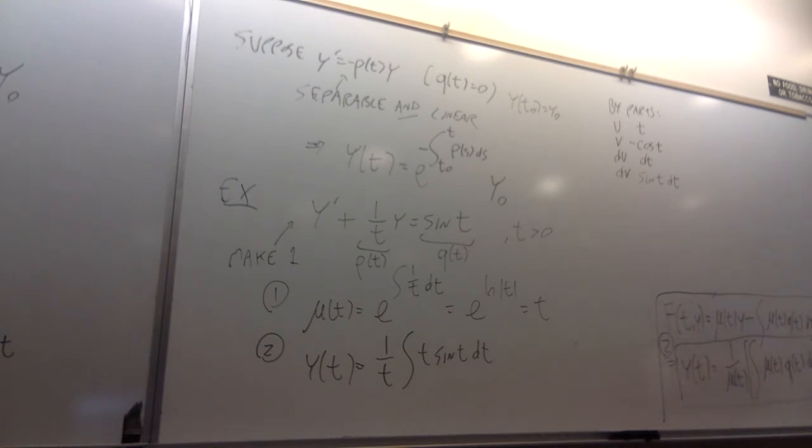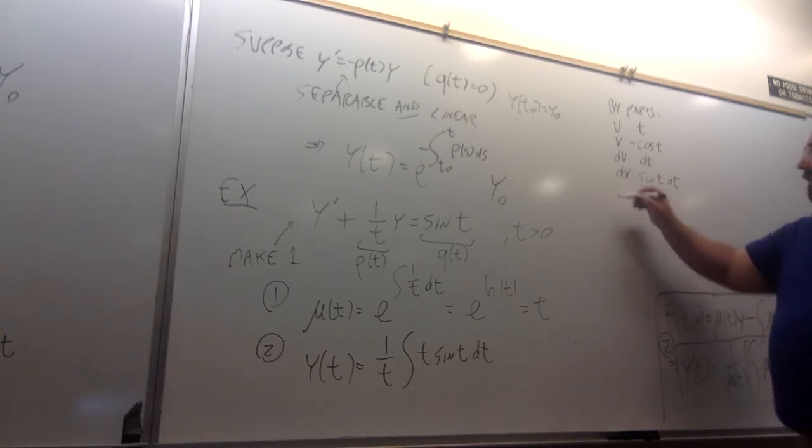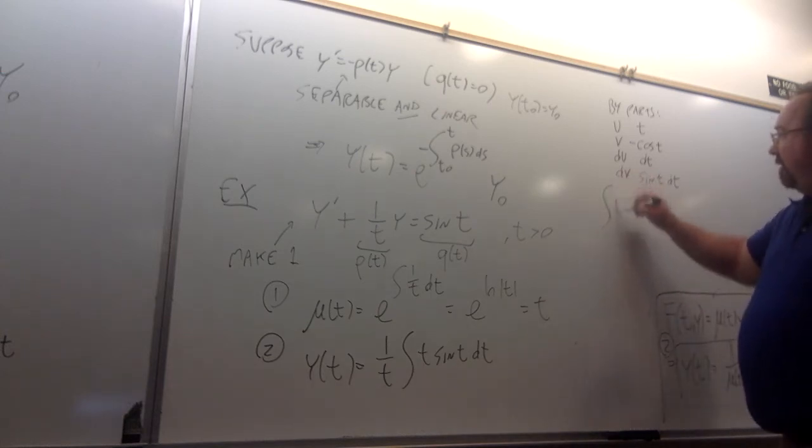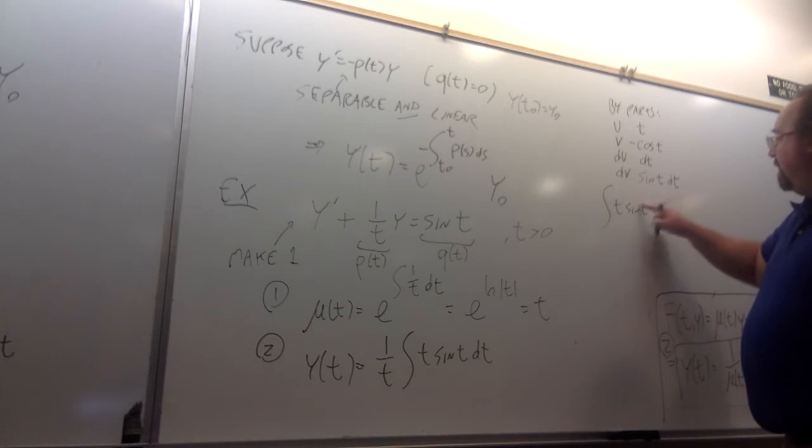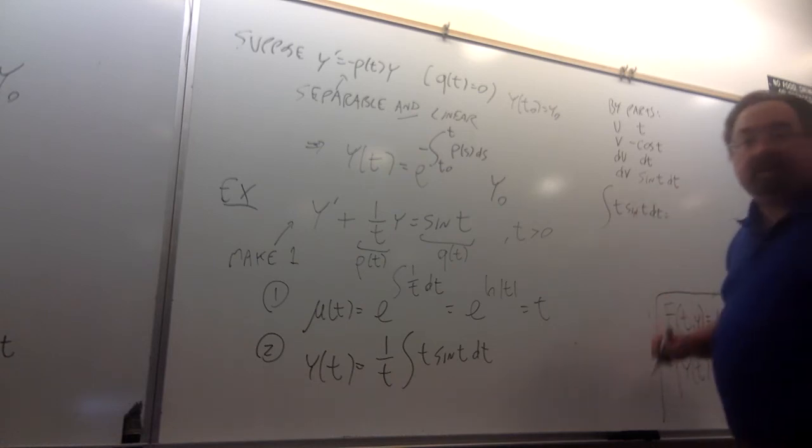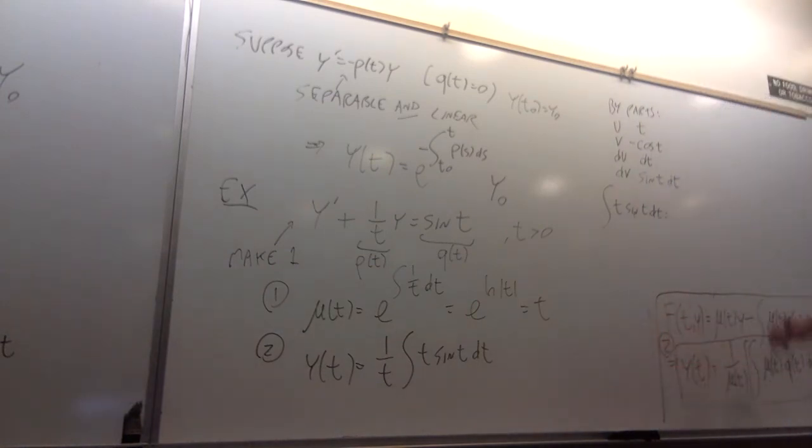All right. So now the integral of t sine t dt is, well, I'll write the formula, uv minus integral of v du, in case you've forgotten from Cal 2. So we're going to have minus t cosine t minus the integral of v du.